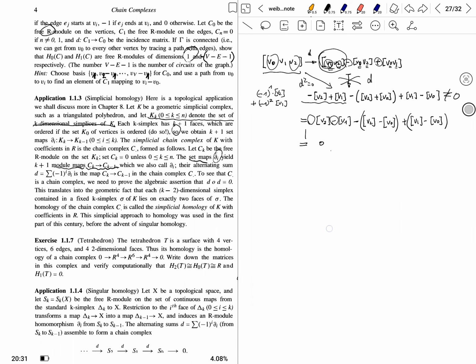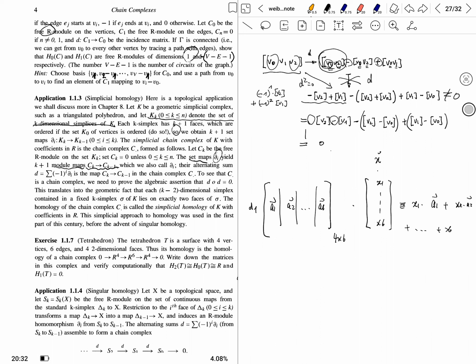Your D1 is a 4 times 6 matrix, and then when you multiply by x, recall this is totally linear algebra. Let's call the first column A1, the second column A2, and the sixth column A6. By the rule of matrix multiplication, this can be written as x1 of the first column plus x2 of the second column until x6 of the sixth column.